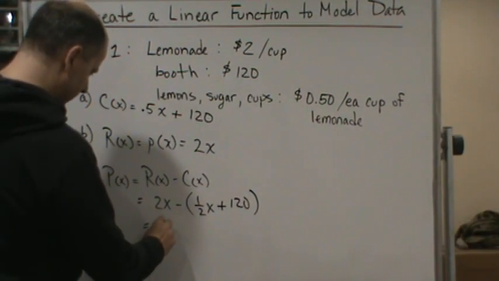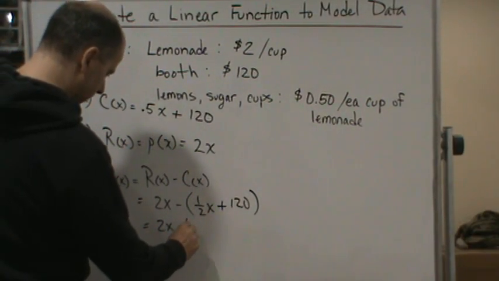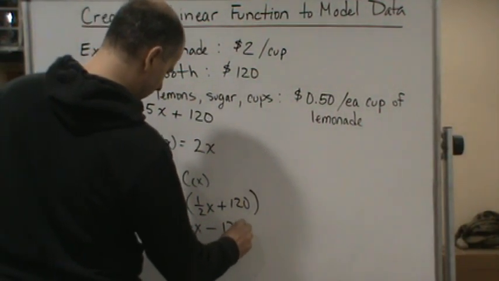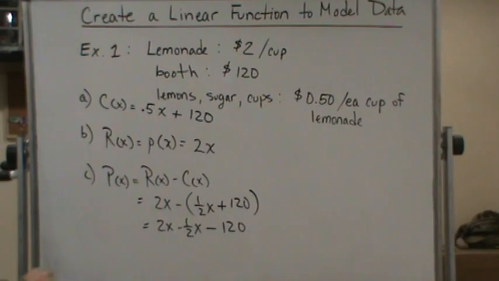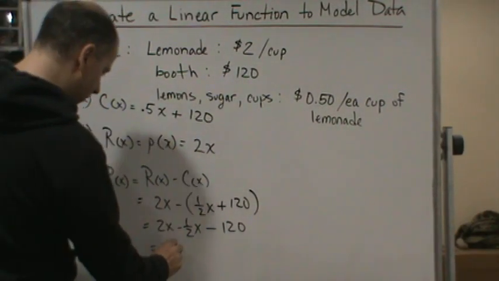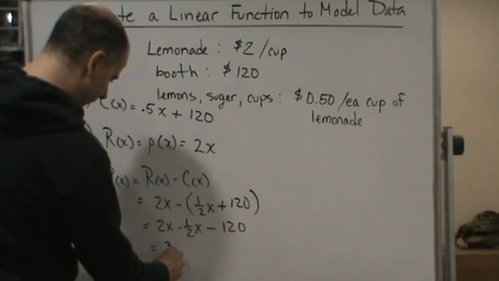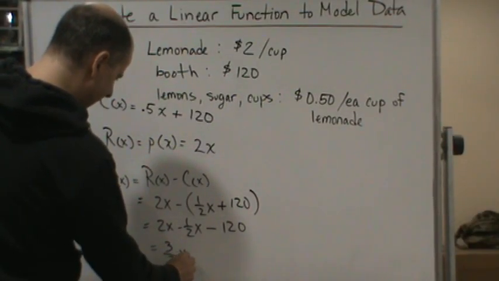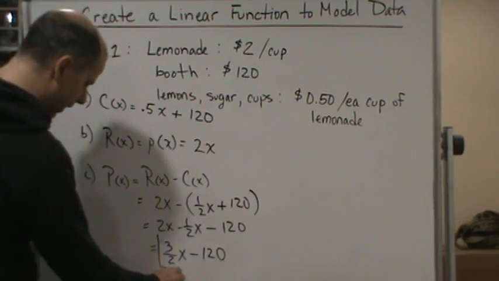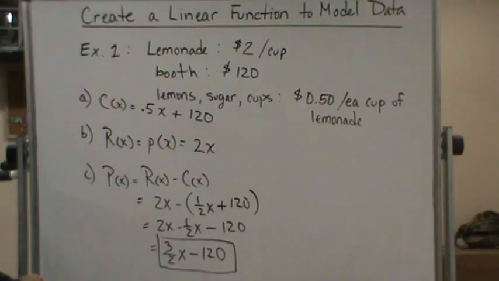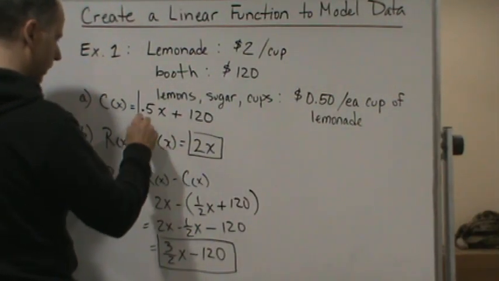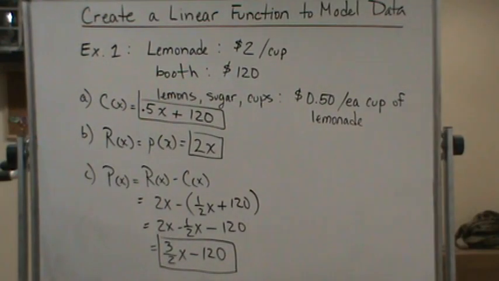So I'm going to say this is 2x minus 1/2 x minus 120. So our profit function then becomes 3/2 x minus 120. So this down here becomes our profit function. So our profit function, our revenue function, and our cost function.